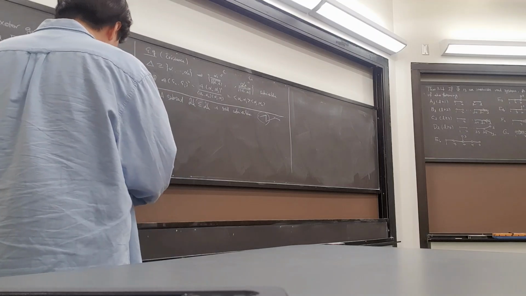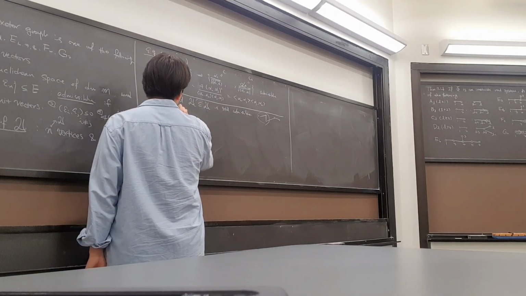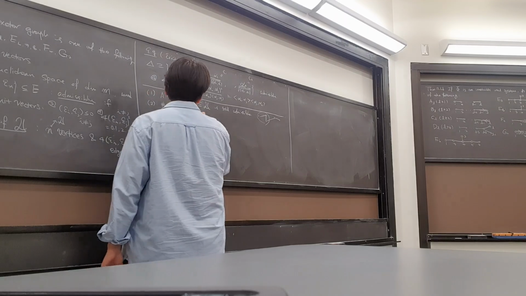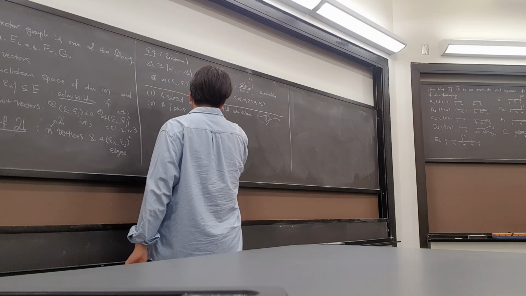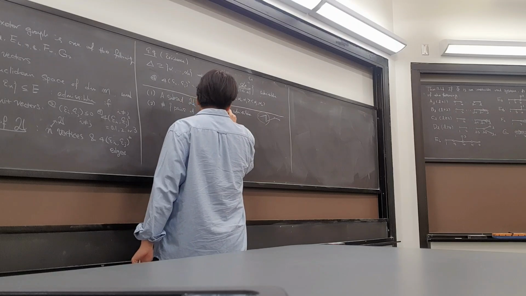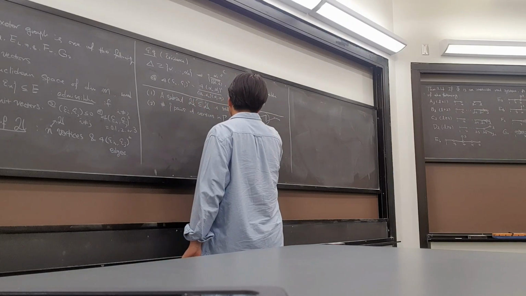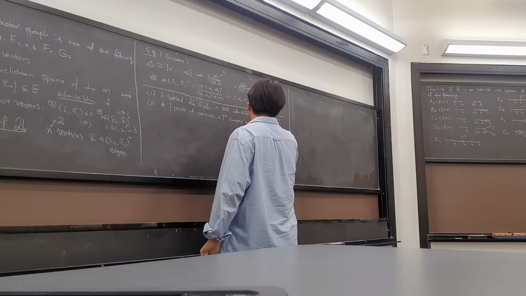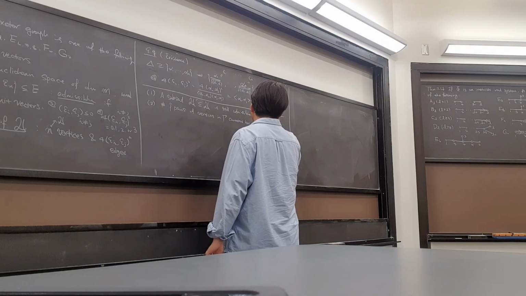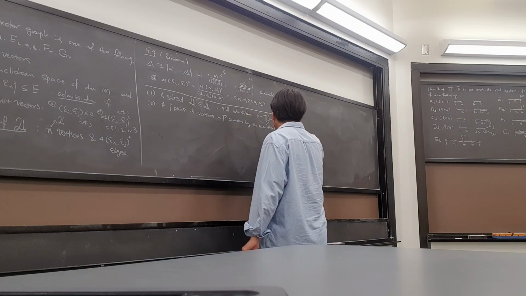And the second claim is that the number of pairs of vertices in Gamma connected to each other is strictly less than n.